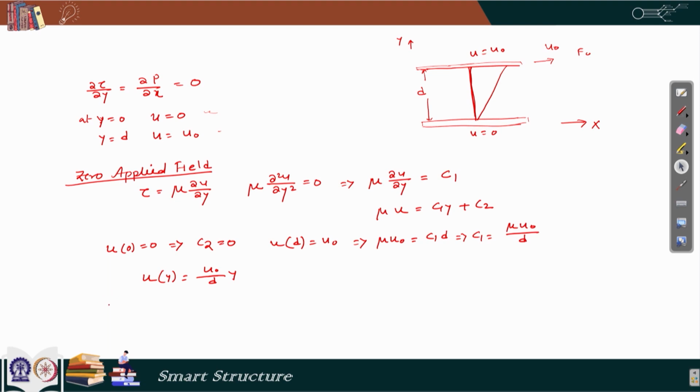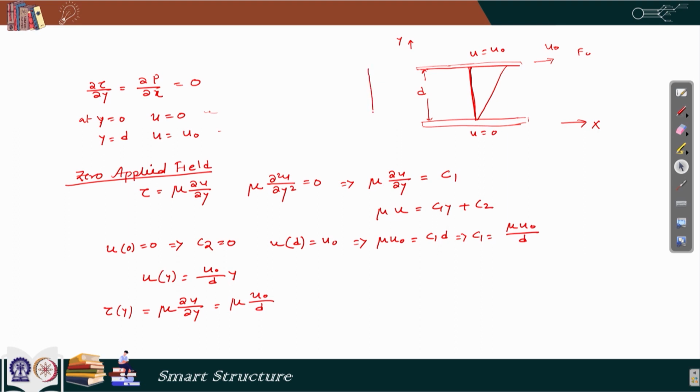So, we have shear stress tau as a function of y equal to mu into del u by del y. From this expression, if I evaluate del u by del y, it is just u0 by d. So, my tau as a function of y is mu into u0 by d. So, tau is not a function of y anymore. In this case the shear stress variation is constant.